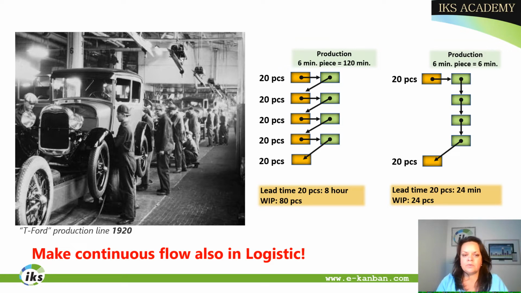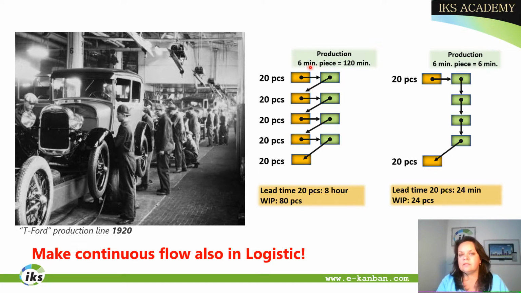I have also put in an example of how big the impact can be. Take an independent work cell producing 20 parts, which then move to another production space where extra work is done on these 20 parts.